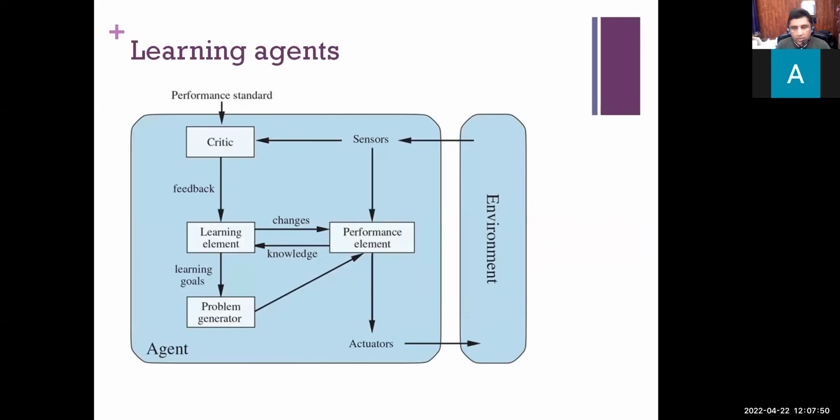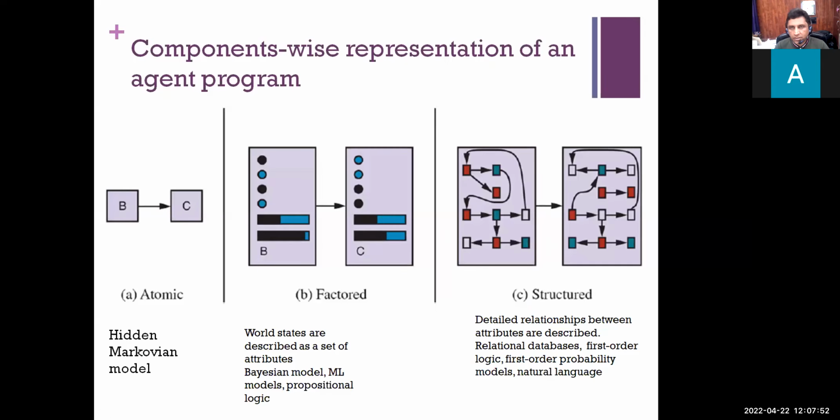So, in continuation of our last class, we were describing the representation of an agent program, particularly the representation of the environment in which an agent operates. For instance, the vacuum cleaner or an air conditioner, you can think of it as made up of atomic states. When atomic states are described, you say that my entire world is in state 1 or state 2, and you can have any number of states.